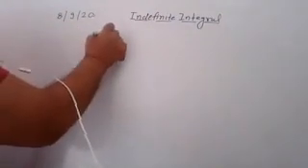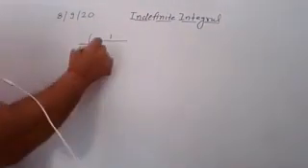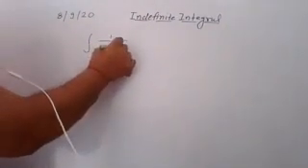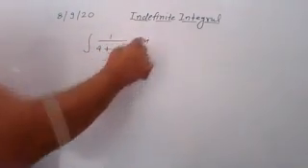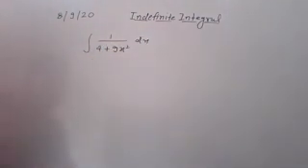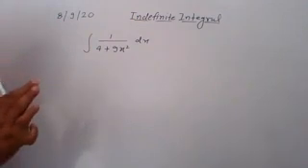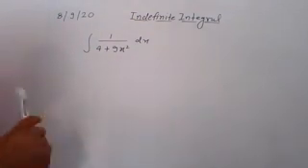Okay, so write: integration of 1 upon 4 plus 9x square dx. You have to integrate that one. How do you integrate it? First of all, listen very carefully.